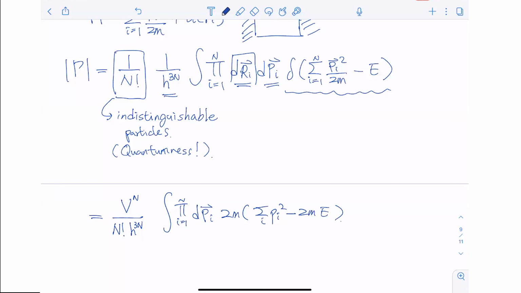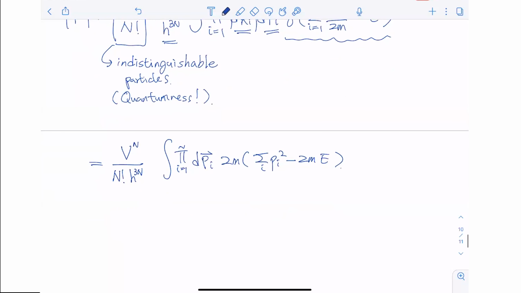Okay, and this integral should be something that you will be able to work out in your homework too. And eventually, you will get this expression.